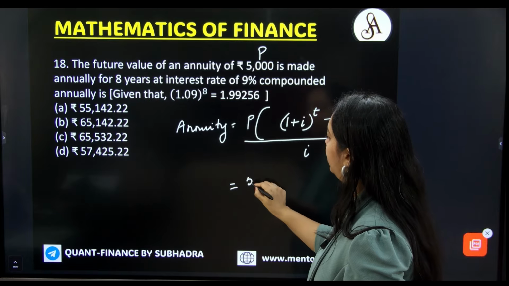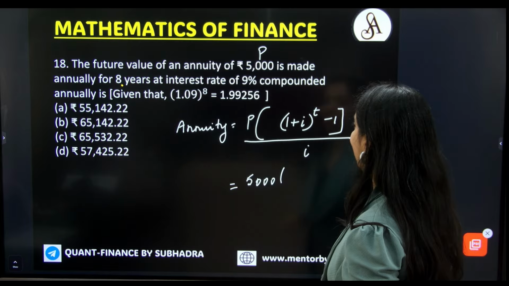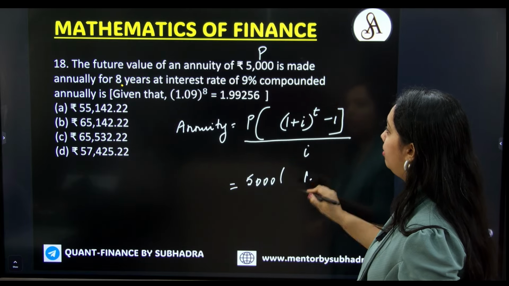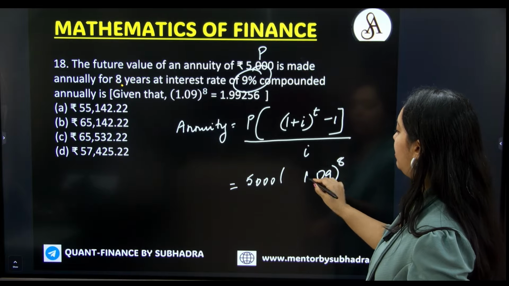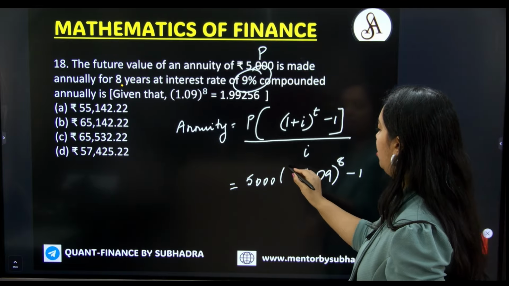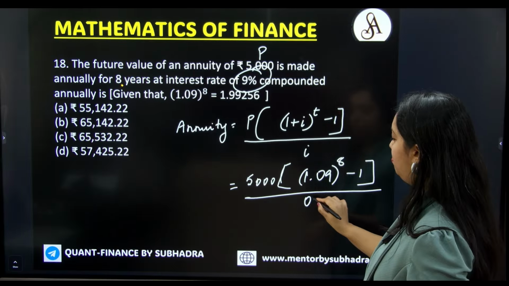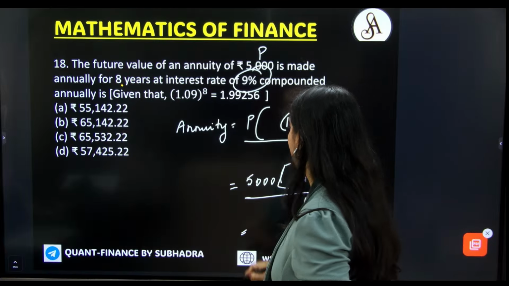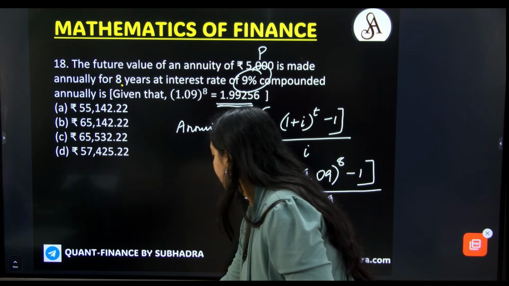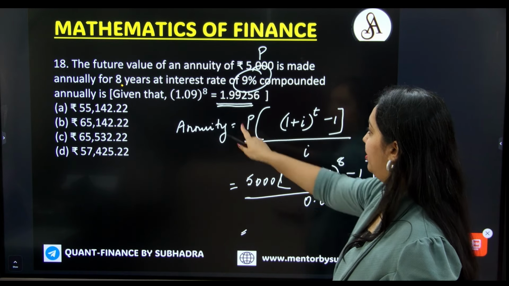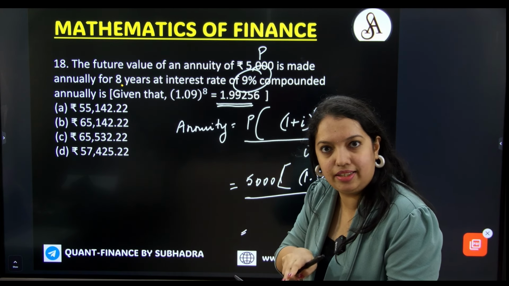T value is equal to 5,000 rupees is invested, made annually for 8 years. So I will get 1.09 whole to the power of 8 minus 1 whole divided by I. I is equal to 9 percentage, 0.09. Luckily, they themselves have calculated and given the value 1.09 whole power 8 is equal to 1.99256.